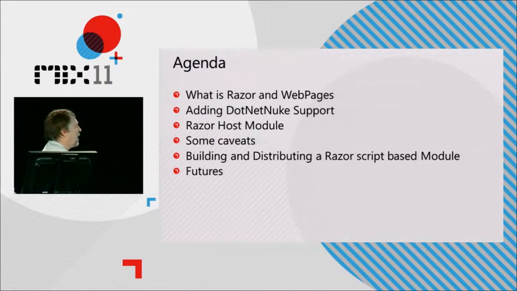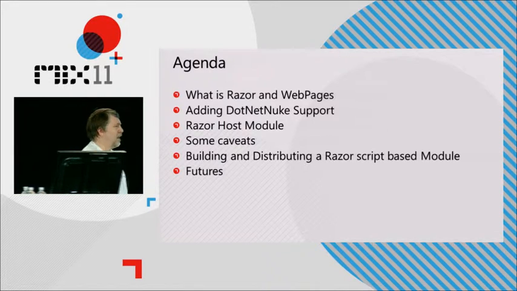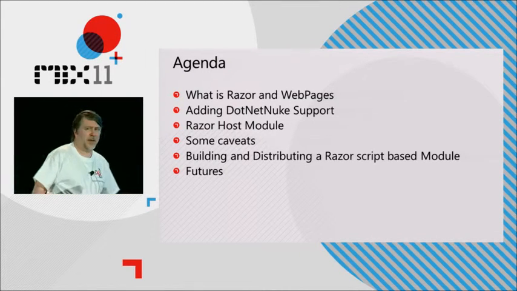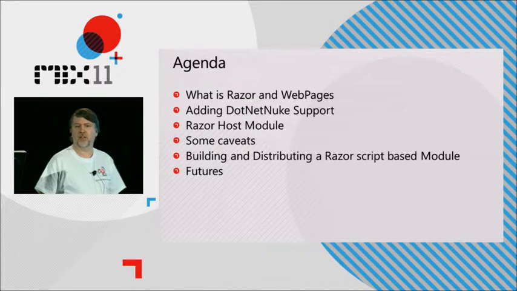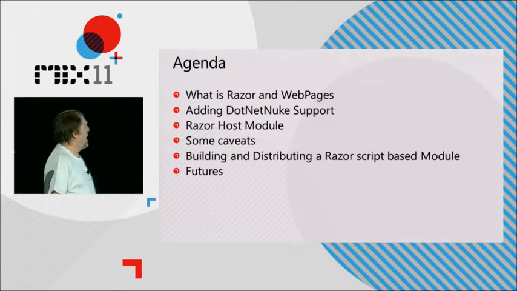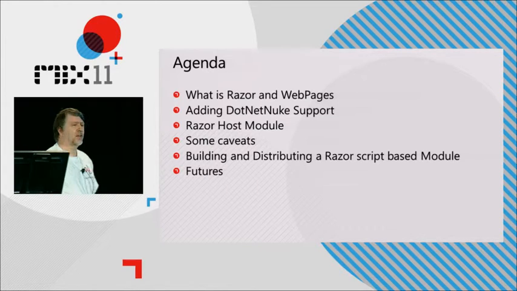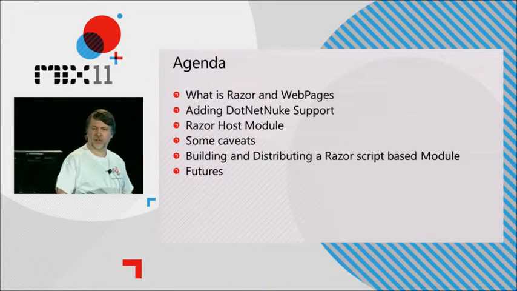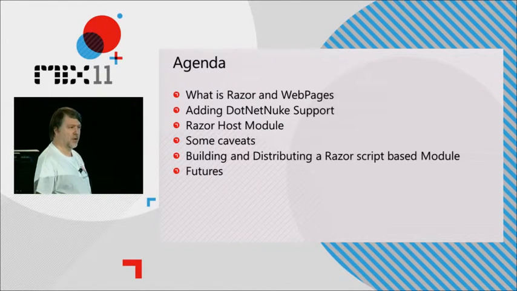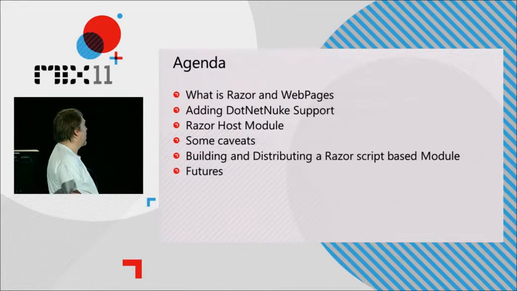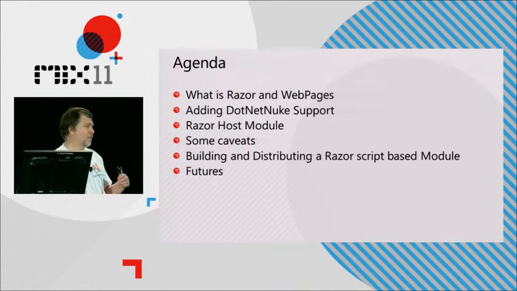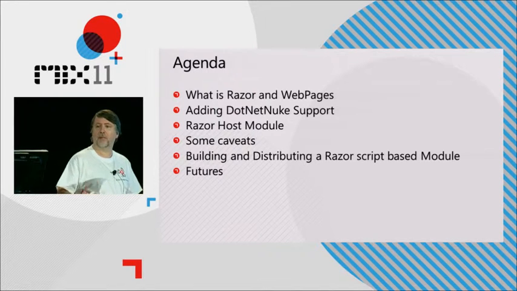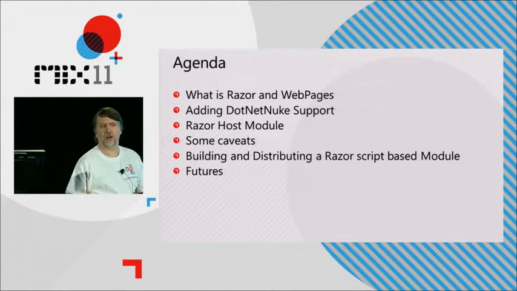So what are we going to talk about today? The first piece is just a little run over what Razor and web pages are. The two things go together. Then we're going to talk about how we're adding DotNetNuke support for Razor scripting within your DotNetNuke application. I'm going to review the Razor host module, which is how we implement Razor support today.